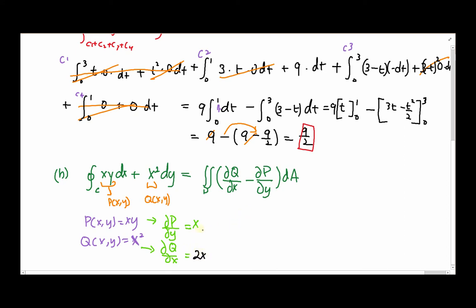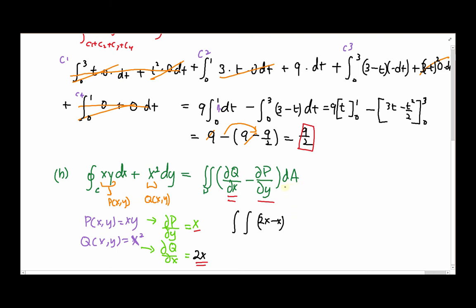Okay, you get 2x. So we simply plug this in. This goes here, and that goes here. 2x minus x, you get x.